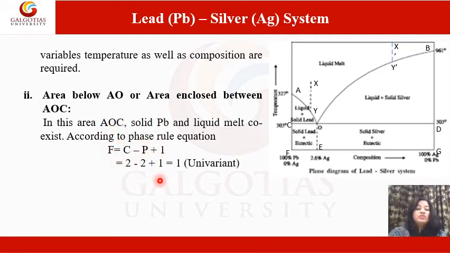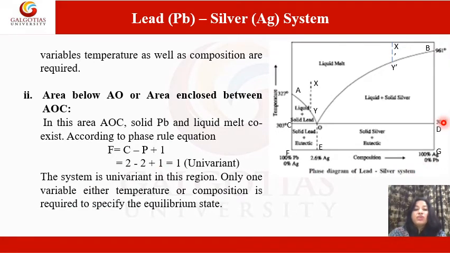So we put these values in the equation, that is 2 minus 2 plus 1, which is equal to 1, means the system is univariant in this region. Only one variable, either temperature or composition, is required to specify the equilibrium state.